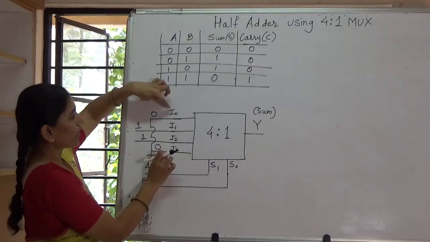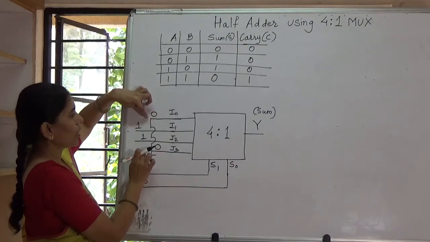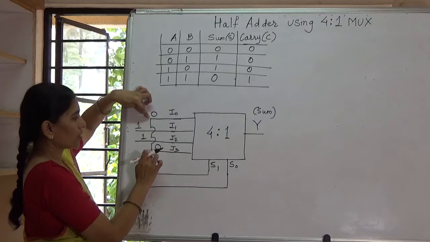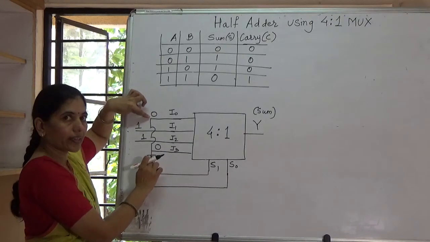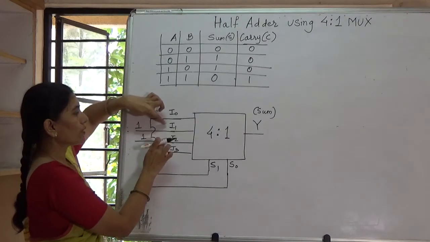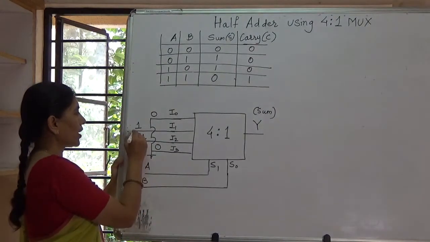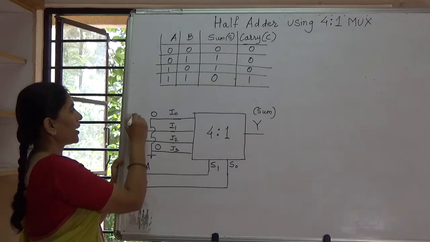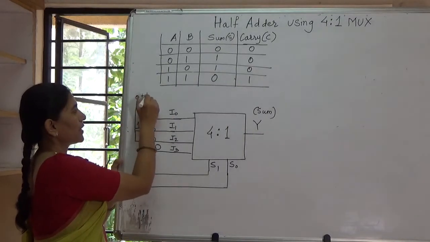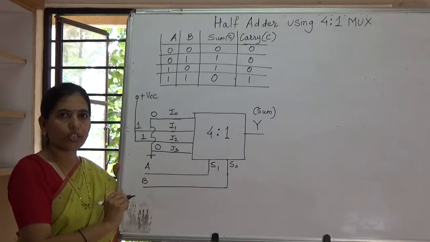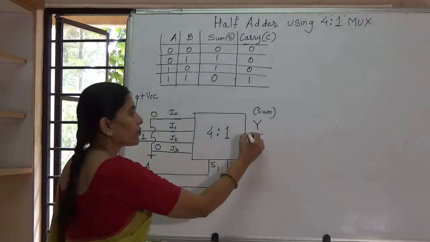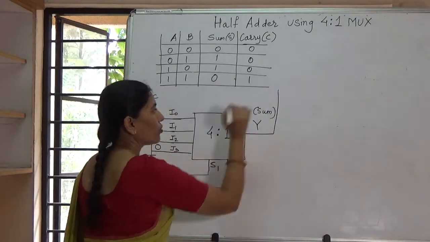Both I0 and I3 are connected together and connected to ground to indicate that they are given a 0, whereas those input lines which need to be connected to a 1 are also connected together, but they are connected to plus VCC, which indicates a logic 1. With this we can obtain the sum output Y.